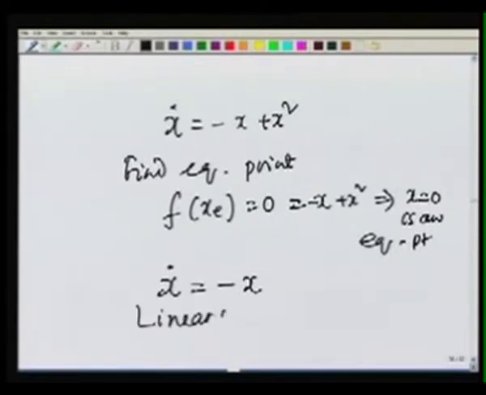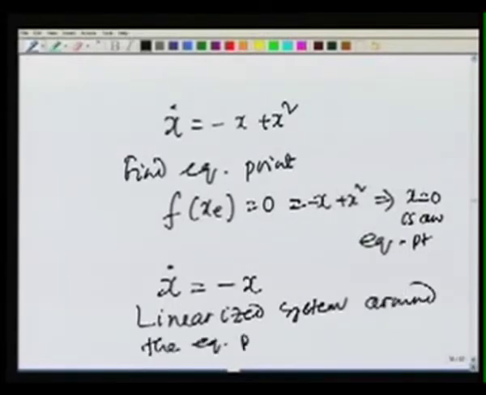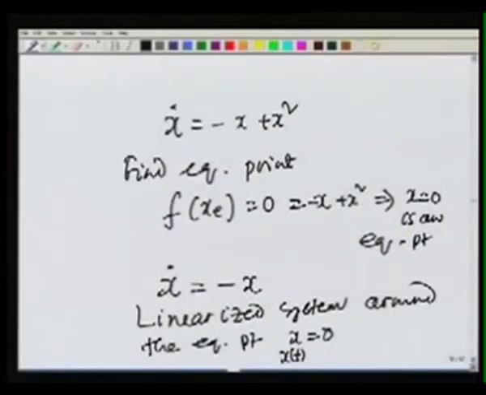This is your linearized system around the equilibrium point x equal to 0. And the solution we found here is x(t) equal to x naught e to the power minus t.